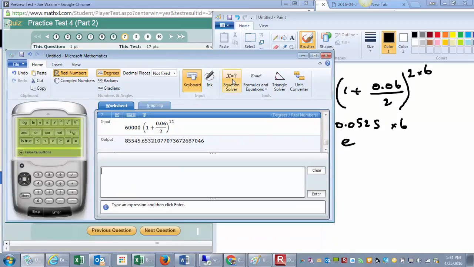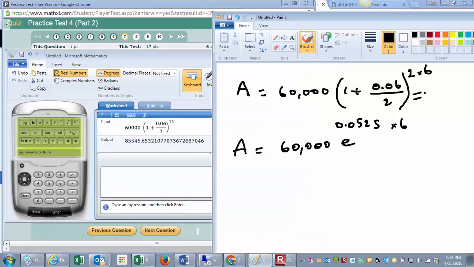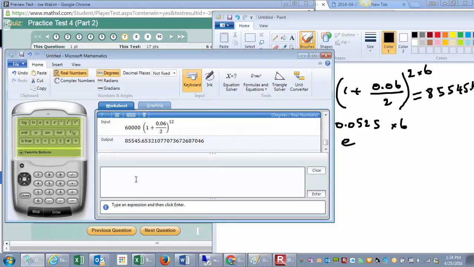Okay, so the first one is 85,545.6. Let's see this one. This one would be 60,000 times e to the power rt, which is 0.0525 times 6.